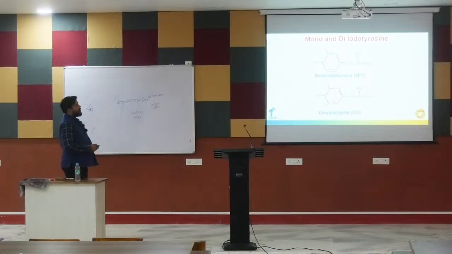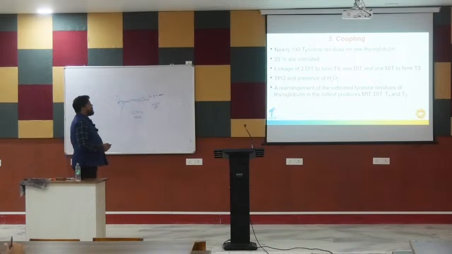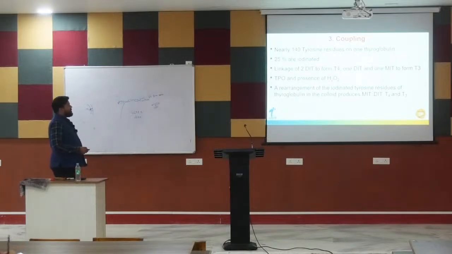At position 3, there is one iodine residue; at 3 and 5, there are 2 iodine residues. There are nearly 130 to 140 tyrosine residues on thyroglobulin, and about 25% are iodinated.